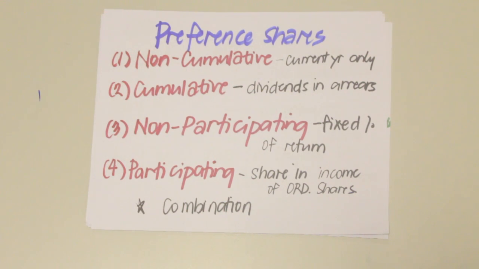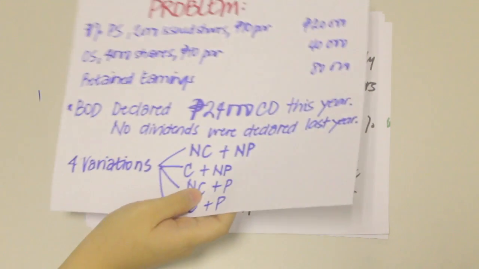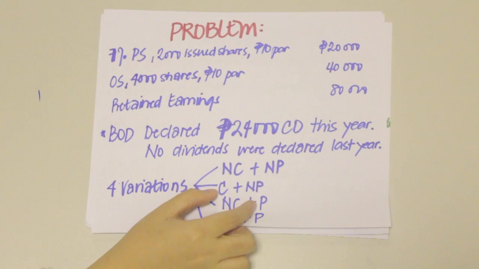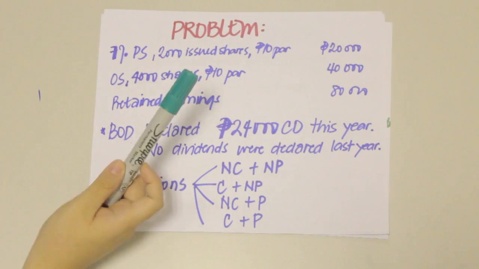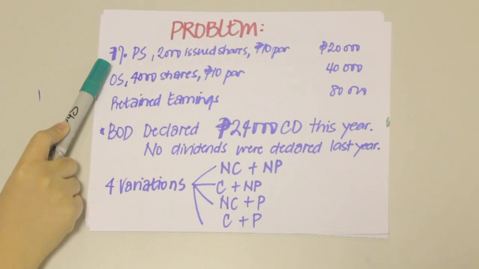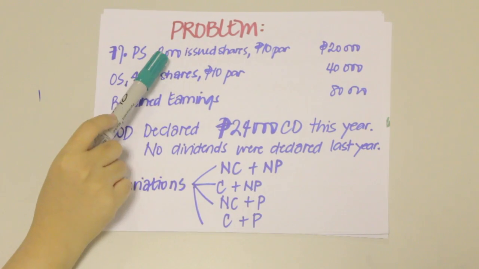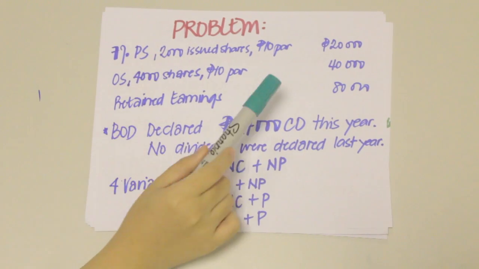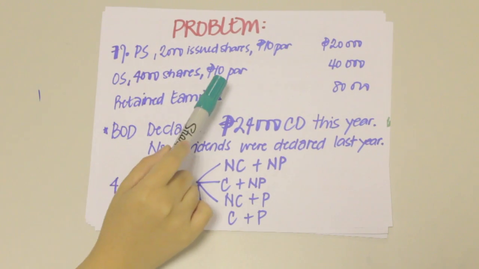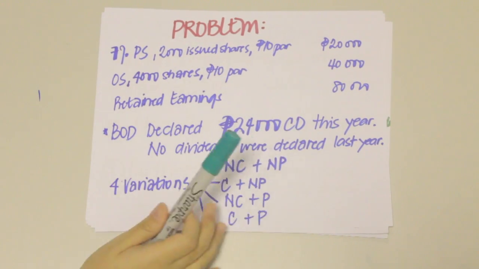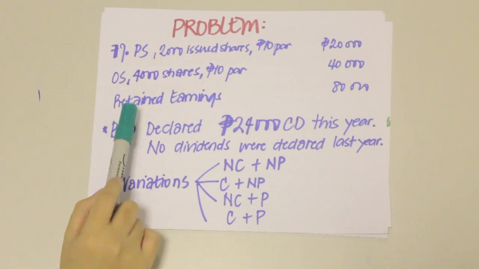So let's have a sample problem to understand the computational side. So here, given the following, you have 7% preference shares, so that's 2,000 issued shares with a 10 peso par value, and then you have 4,000 ordinary shares with a 10 peso par value, and then retained earnings of 80,000.